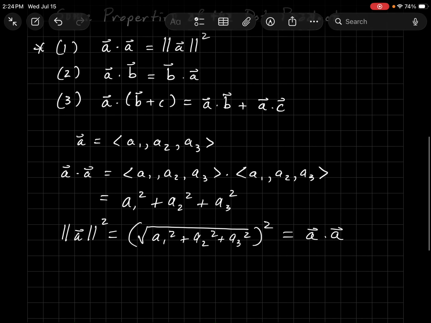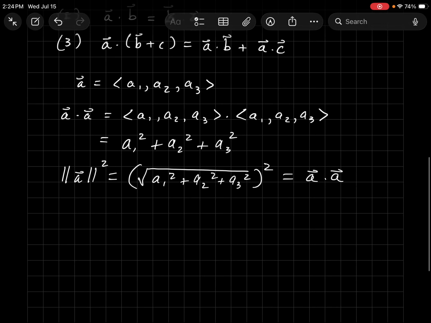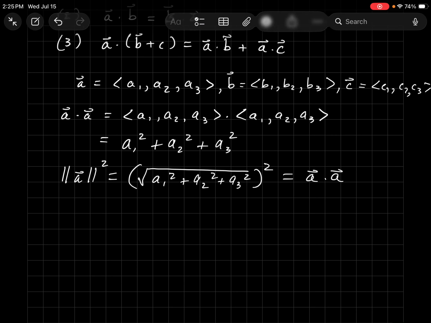Let's take a look at number 3, just to give another proof. So we'll keep A as is, and then we'll add B. We'll call that B1, B2, B3. And then C, of course, will be C1, C2, C3. So let's find A dot (B plus C).